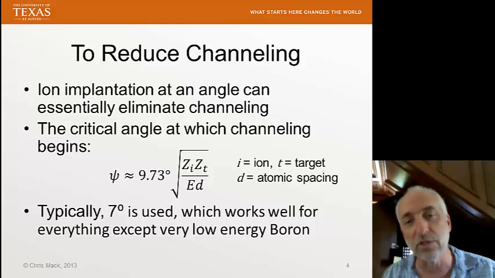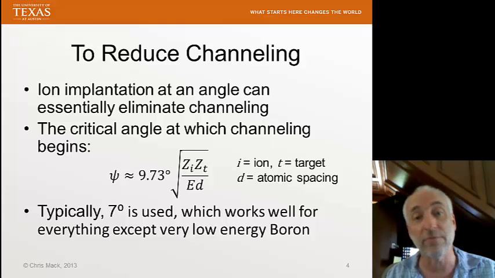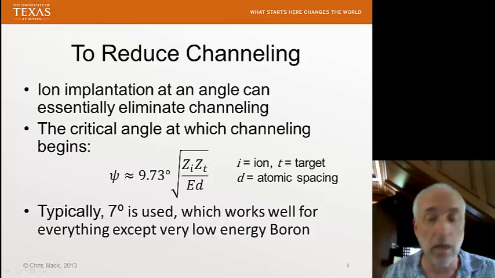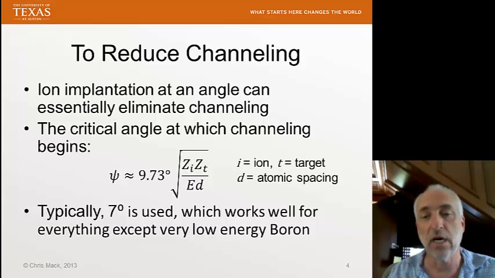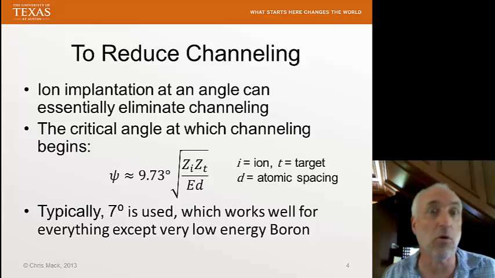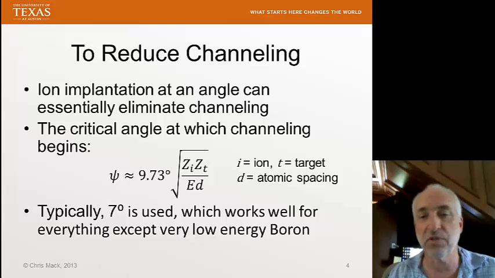There's also a little difference between 100 wafers and 111 wafers because they have a different atomic spacing, D, as seen from a normally incident ion. But essentially 7 degrees works, and that has become the industry standard. We use about 7 degrees for all of our ion implantation today. Occasionally we go up to 10 degrees, again, for these low energy boron cases.